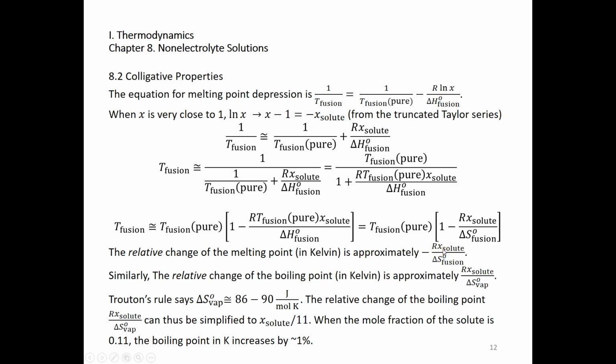And if you have, for example, some information about the identity of the solvent and solute and the mass of solute and solvent, I think you can compute this x solute easily. So we can see the relative change of the melting point is negative, and we can plug in numbers here to get the relative change for the melting point.